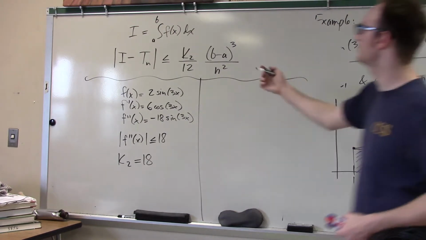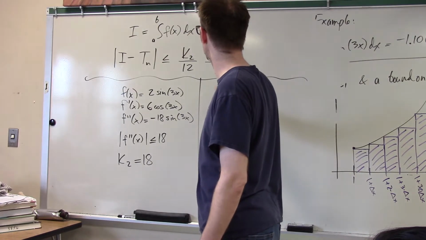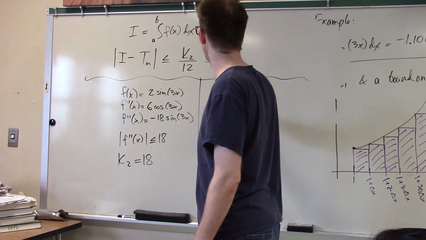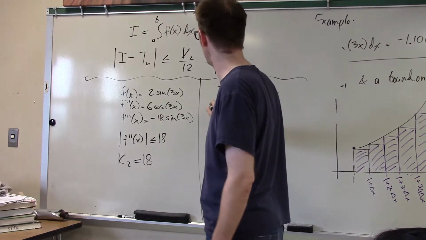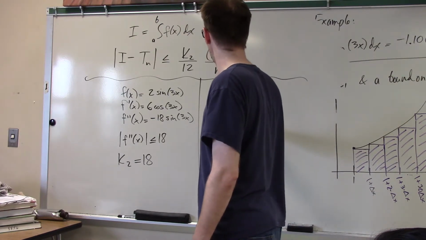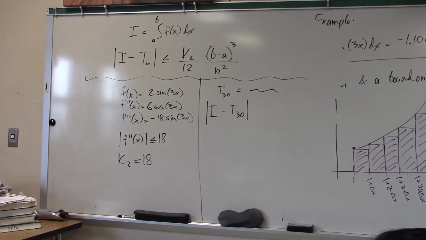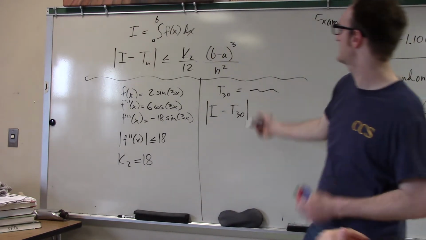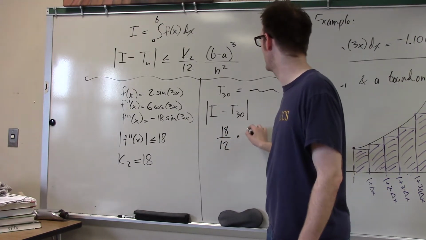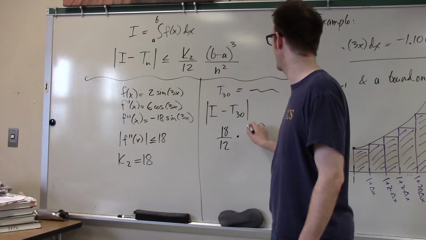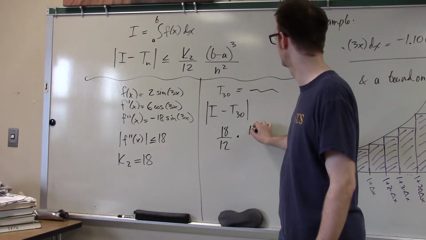And so if I want to know the error, let's do T30. I could compute T30 like we did last class, and then you could take the error in using T30 is guaranteed to be, according to this formula, 18 over 12 times 125.